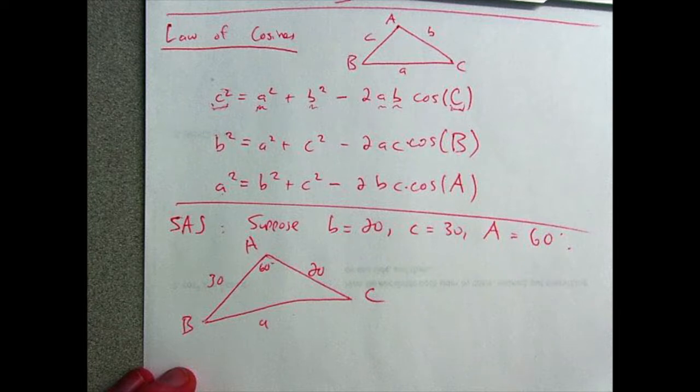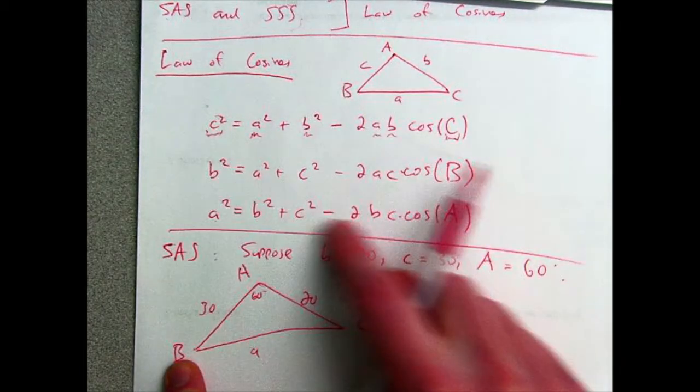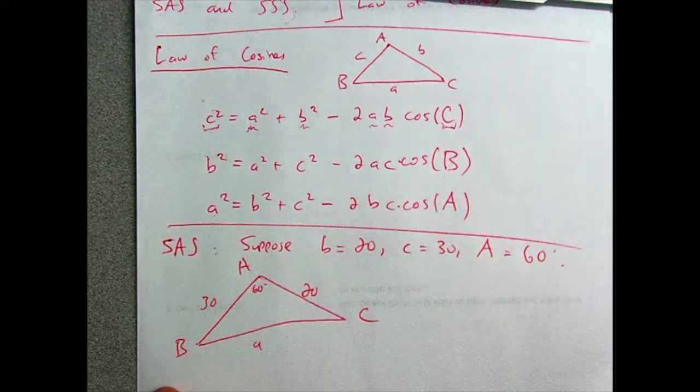So what you want to do basically is write down the law of cosines in such a way that there's only one unknown in the equation, okay? There are a bunch of ways that you could use the law of cosines here, right? We have 3 different versions of it here, and you could apply any one of these 3 to this triangle.